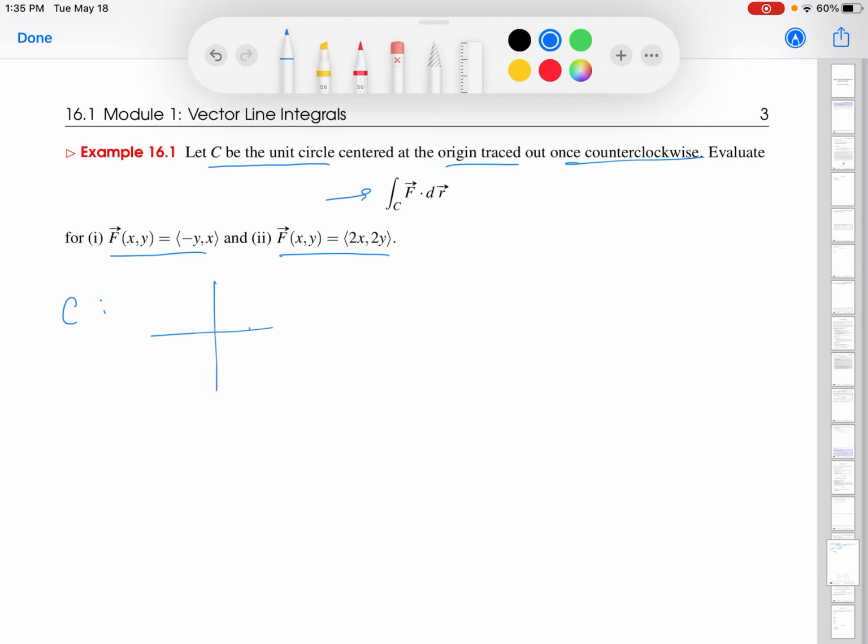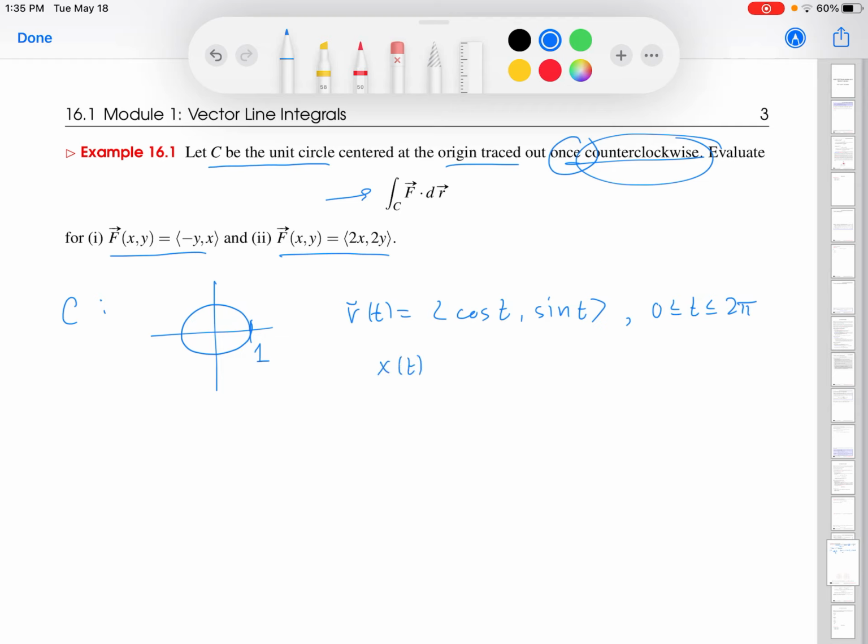So C is a unit circle centered at the origin, and we've parametrized this a few times now. We can write r of t as cosine of t and sine of t. It's traced out counterclockwise and only once, so that tells us that t goes between 0 and 2 pi.